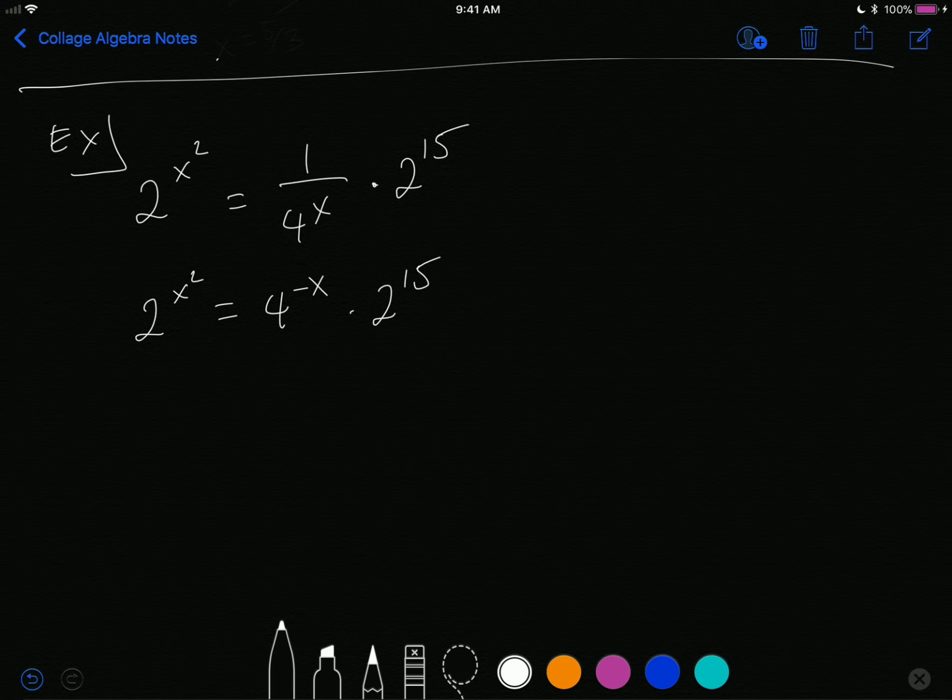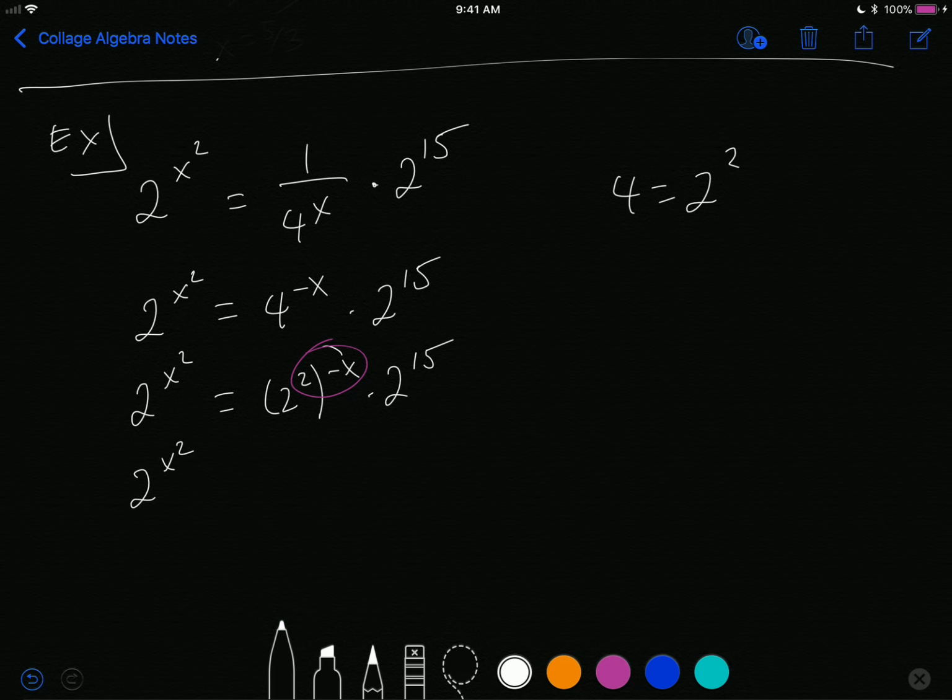Now, are all the bases the same? No. Can I make them the same? Yes. 4 is equal to 2 squared, and so this becomes 2 raised to the x squared is equal to 2 squared to the negative x times 2 to the 15th power. These two will multiply. Notice how all of those properties that we learned previously are still needed.